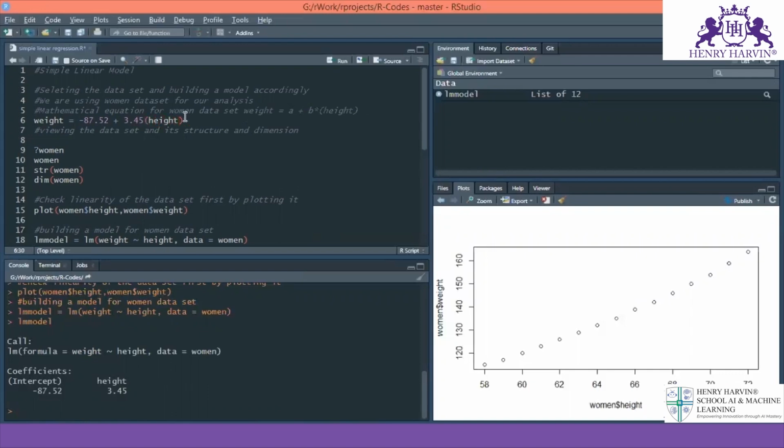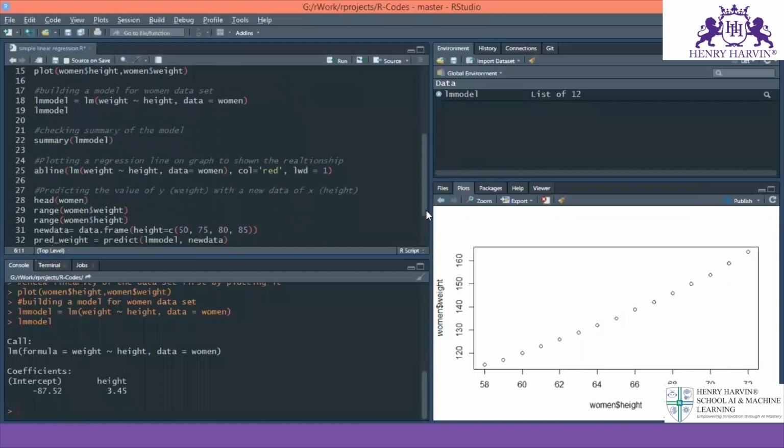So what it interprets is, the slope tells us there will be 3.45 times effect of height when we predict the value of weight, and the intercept shows how much is the value of the dependent variable when the independent variable is at zero level. So if there is no height, there will be no weight.